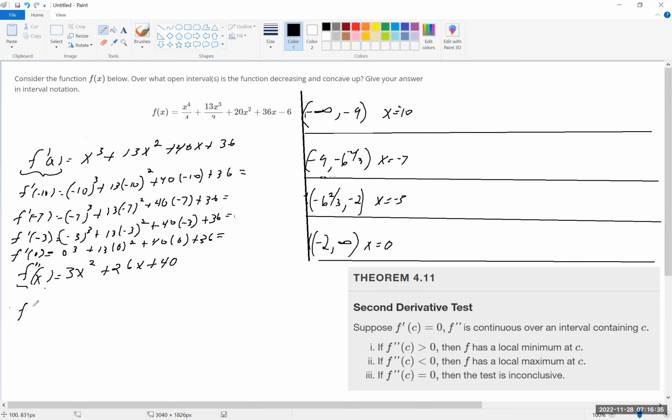Determine the concavity. So we're going to plug in a -10. We're going to plug in a -7.